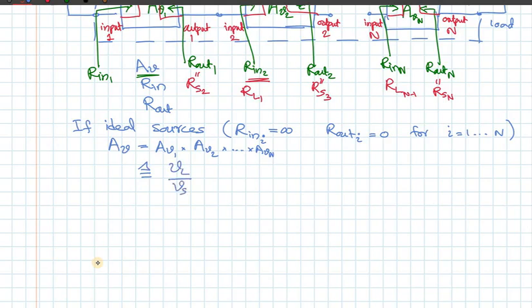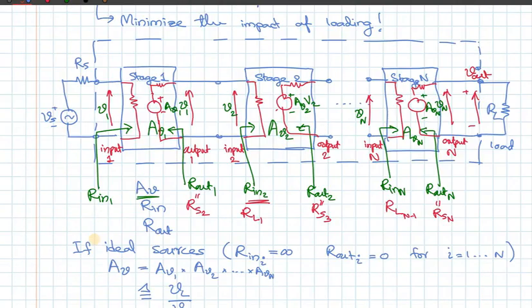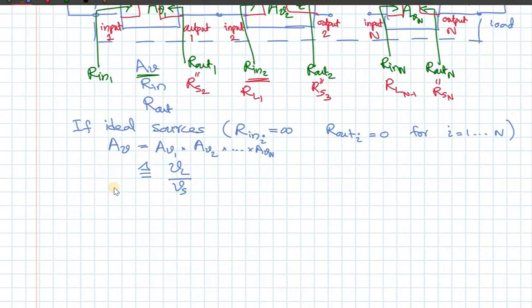So therefore if you go by this equation, this will be equal to VL divided by Vn times Vn divided by Vn minus 1, going like that, times V2 divided by V1 times V1 divided by Vs. Okay, so it will go like that.